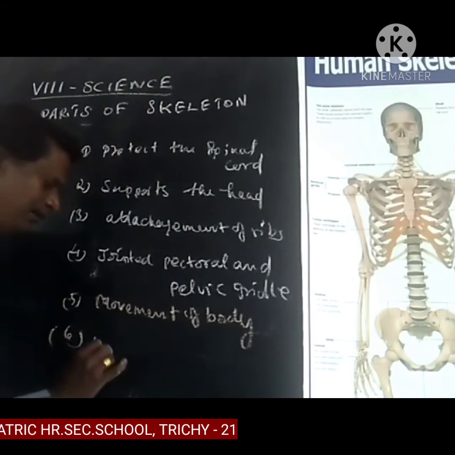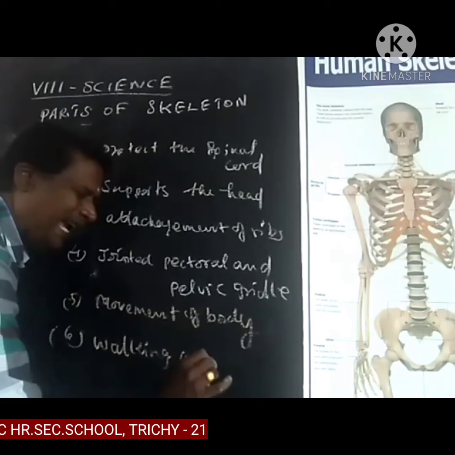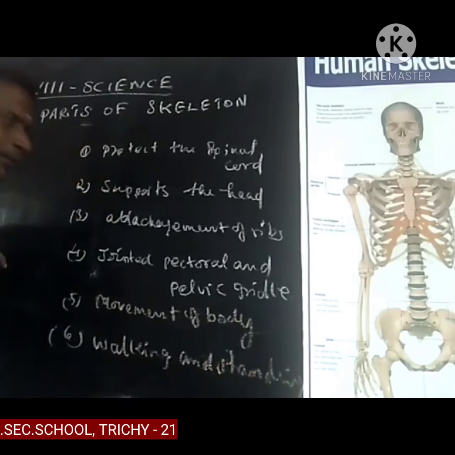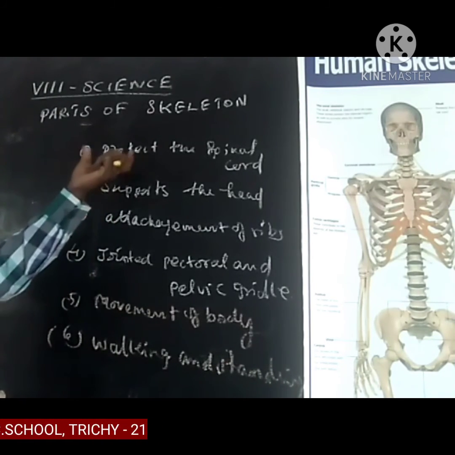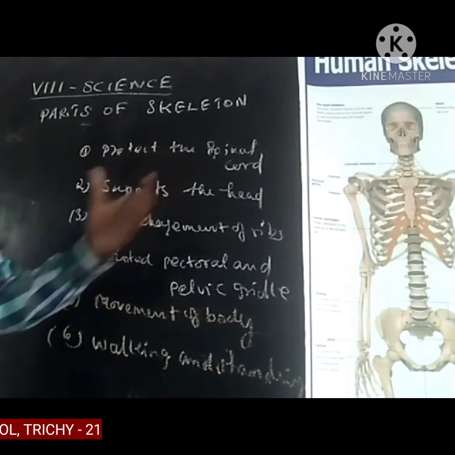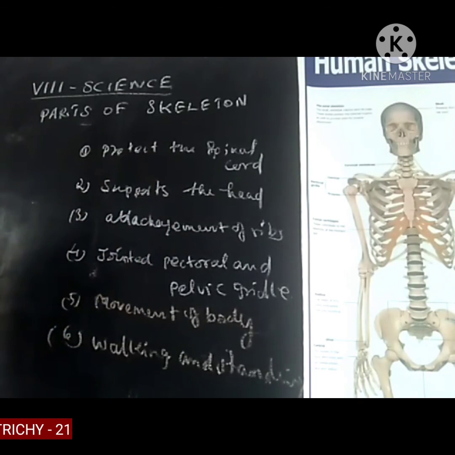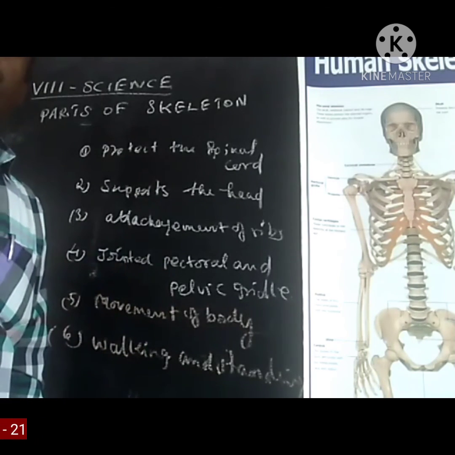These are the functions of the vertebral column: protect the spinal cord, support the head, attach the ribs, join the pectoral and pelvic girdles, movement of the body, and walking and standing in the correct position. Thank you very much, students.